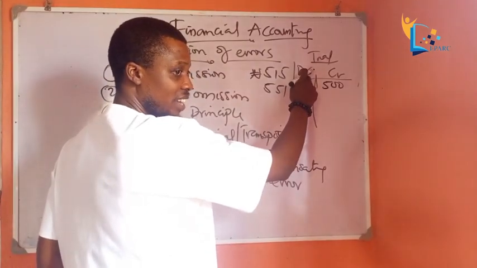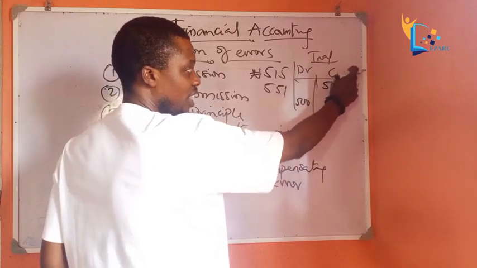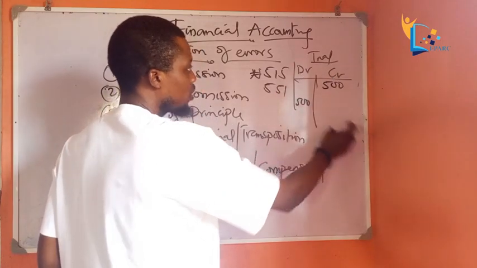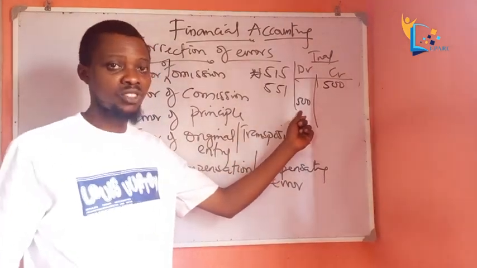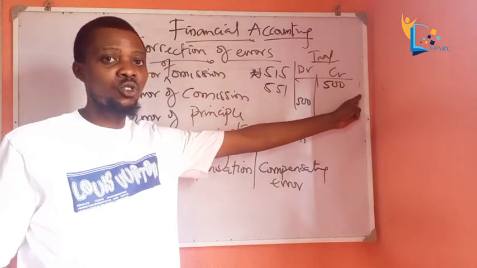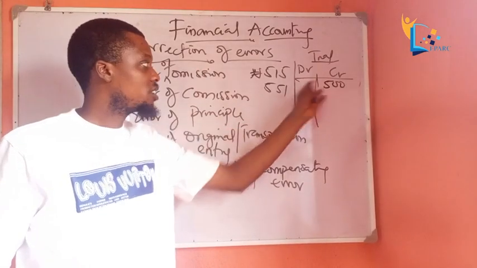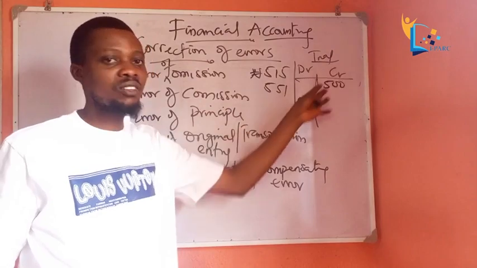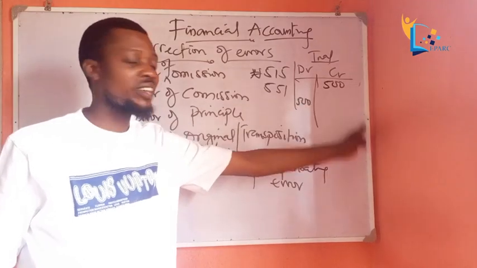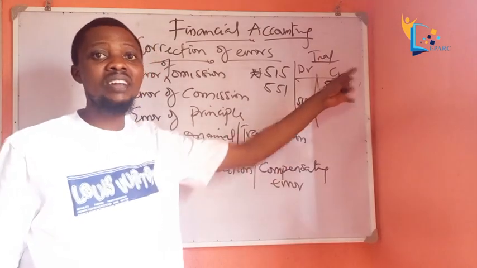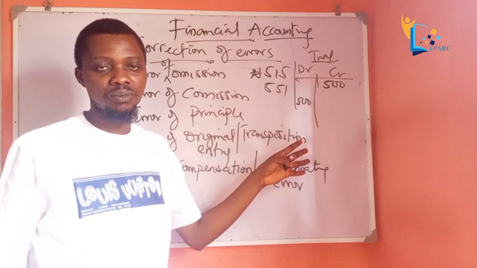Debits are assets and expenses, while credits are liabilities and income. So if wages or salaries here is overcasted by 500, and on the other side, sales also is overcasted by 500, the two overcasts will cancel each other. This will not affect your trial balance because we have 500 on this side, 500 on this side. They will cancel each other.